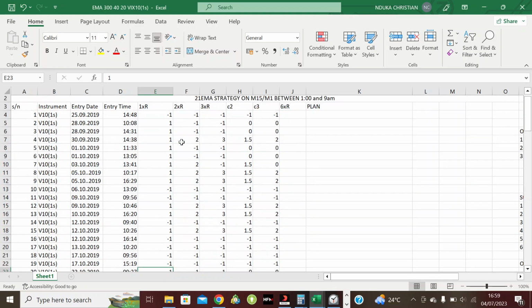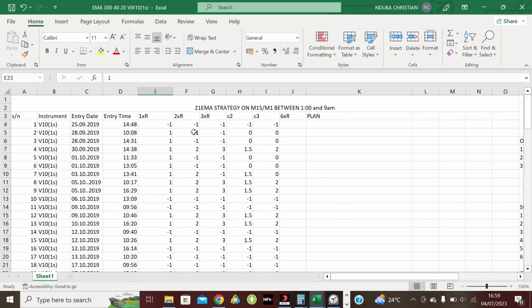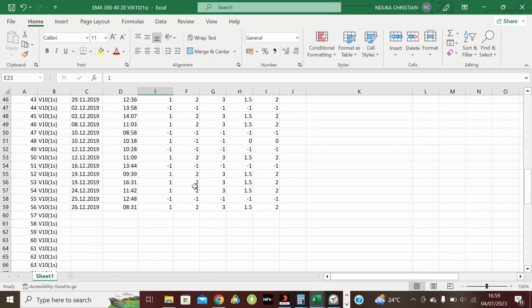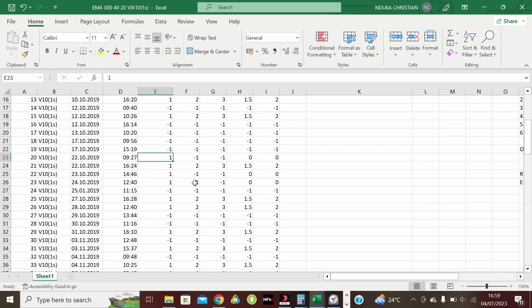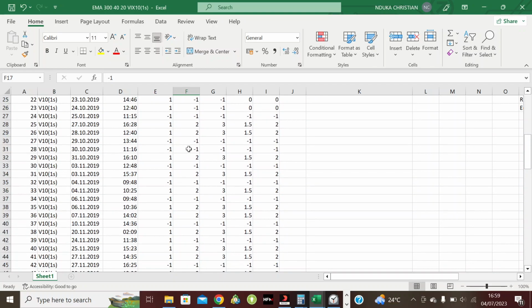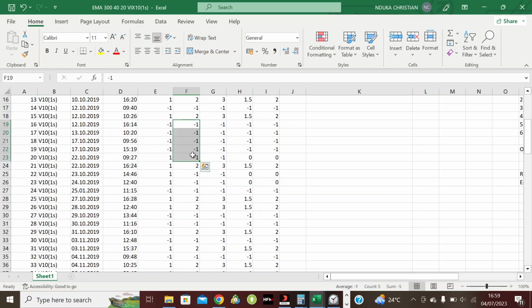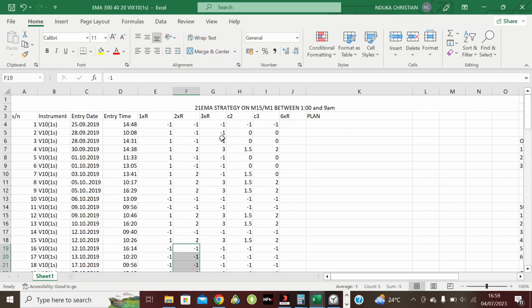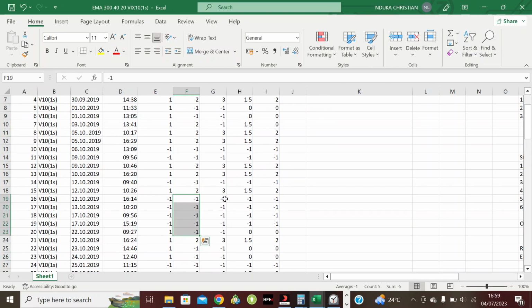Then for 1 to 2, the maximum I think is 5. Yeah, it's 5. Let me see where that happened again. Okay, it was here, you can see it's 5, right? Then 1 to 3 is also 5, still the same as 1 to 2.